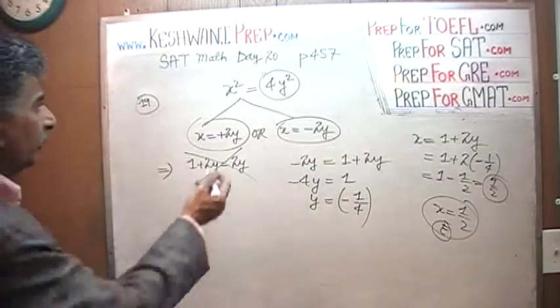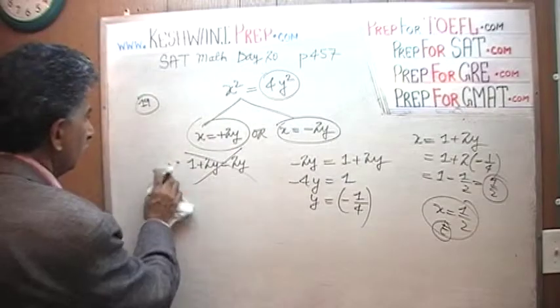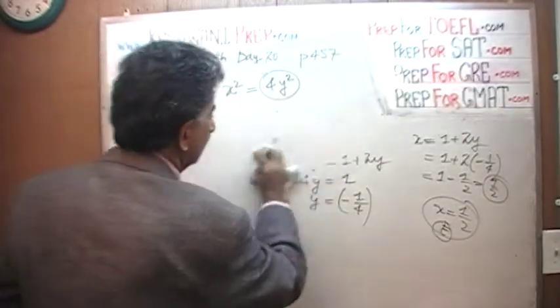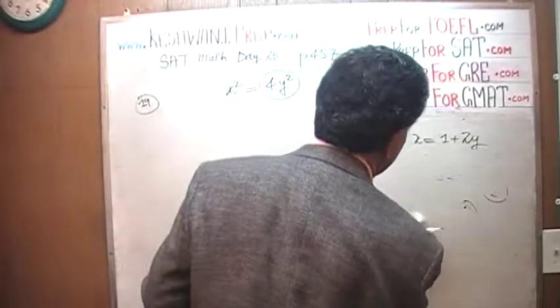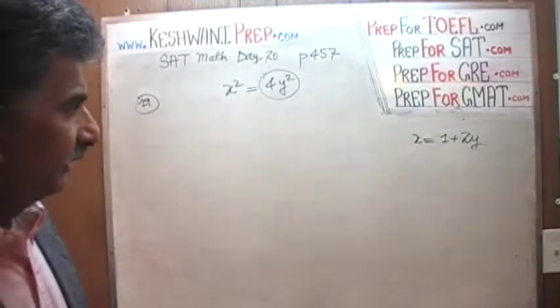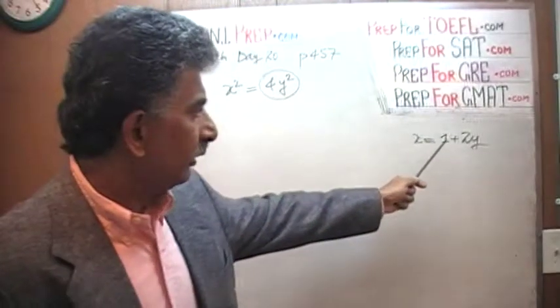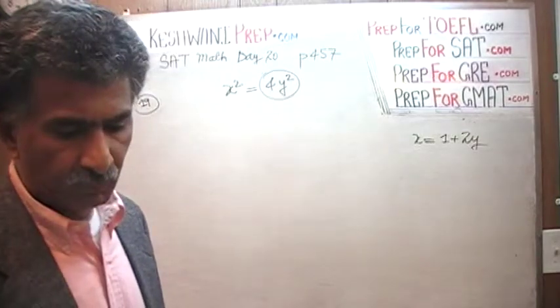We know that x squared equals 4y squared. We are also told in the second sentence that x equals 1 more than 2 times y. How do they put it? x is 1 more than twice y. There you go.